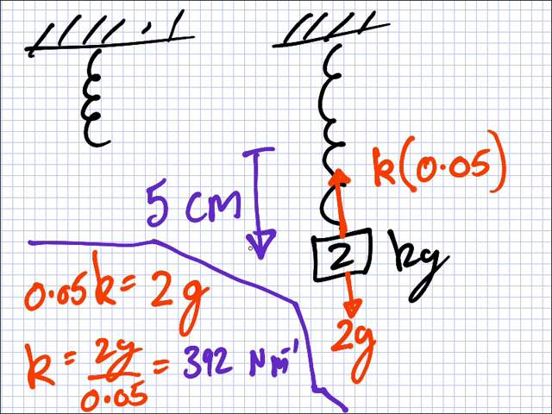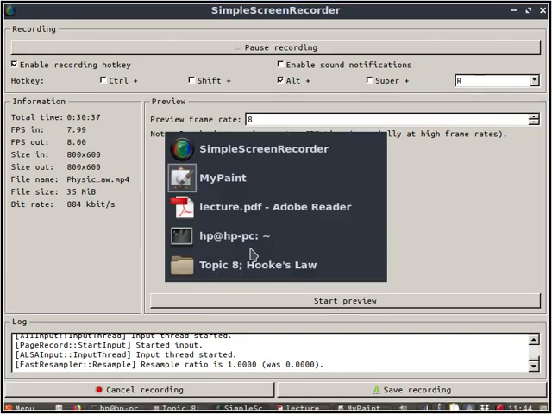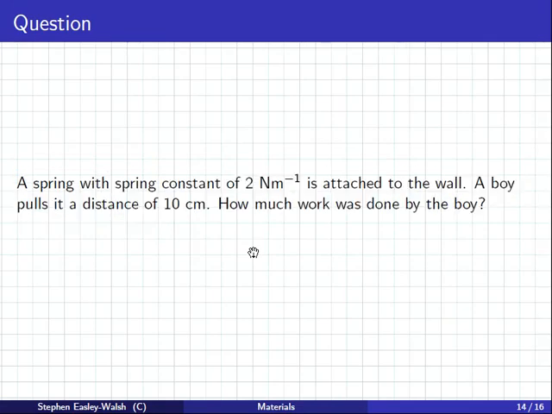Let's continue. So, here's another simple one. A spring of constant 2 is attached to a wall and a boy pulls it 10 centimeters. How much work has the boy done? So what formula do we need here? Half kx squared.